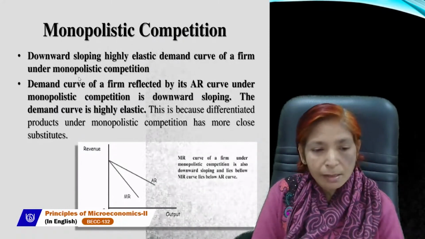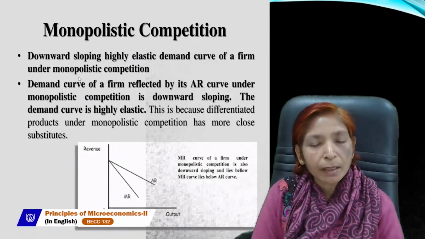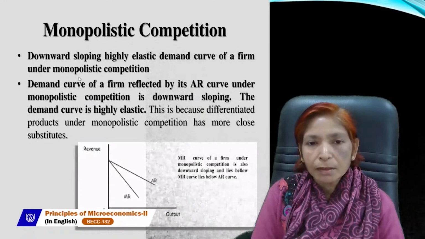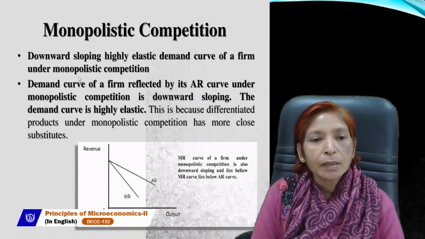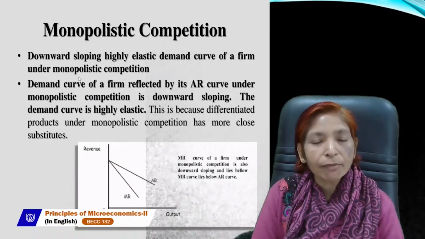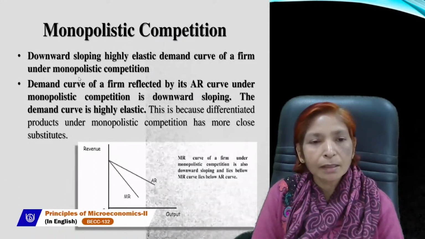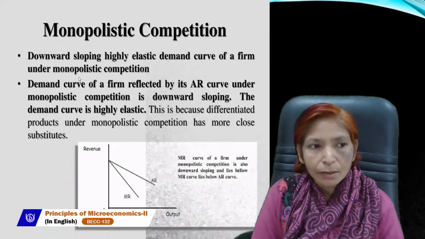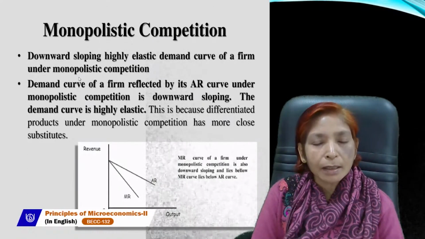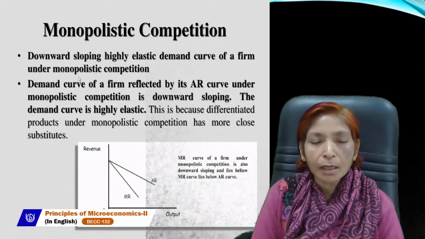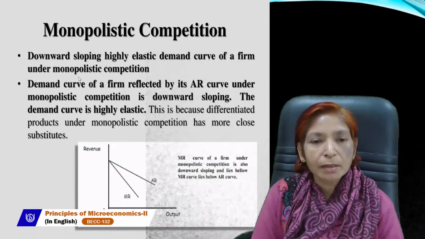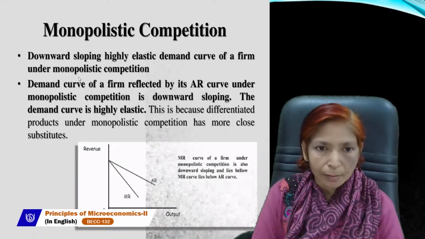The main reason is that in a monopoly market, no close substitutes are available and the market has only a single seller who has full control over the price and quantity of the product. So under a monopoly market, there is less elastic or inelastic demand. That's why the demand curve slope is steeper, or less elastic.